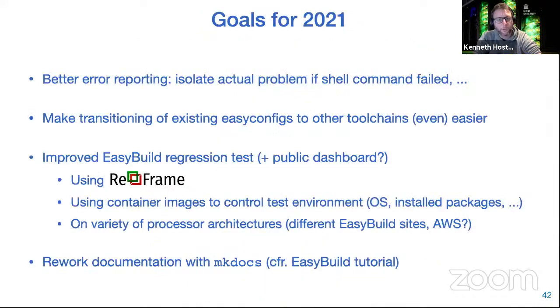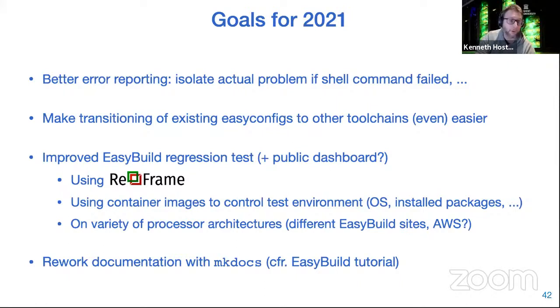Then looking forward a bit, some things we want to work on in 2021 are somewhat fueled by the results of the survey, but for most of these things we were actually already discussing in conf calls or in the Slack channel.